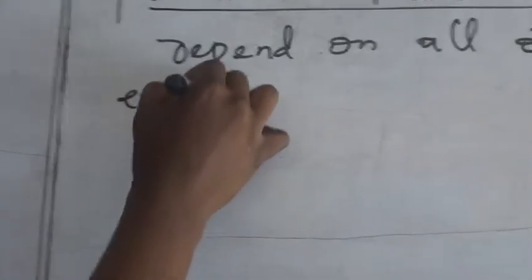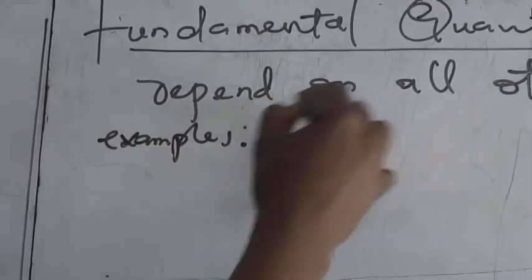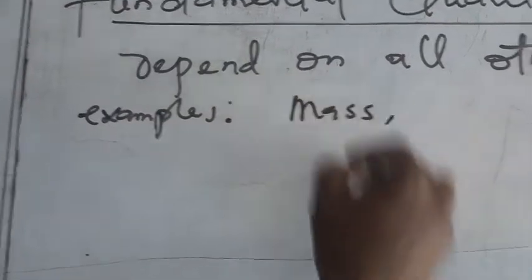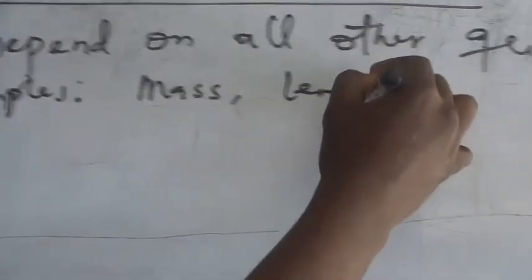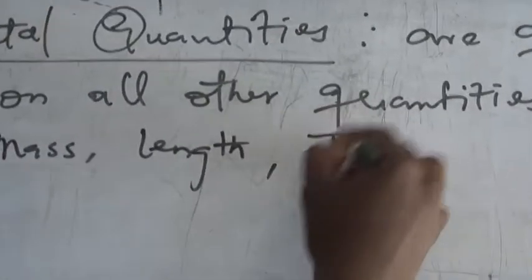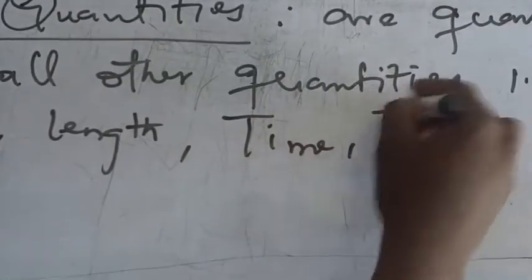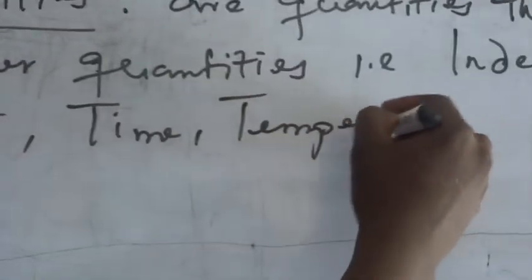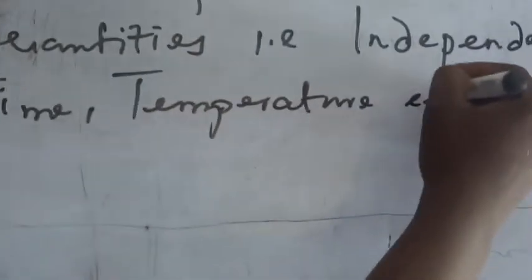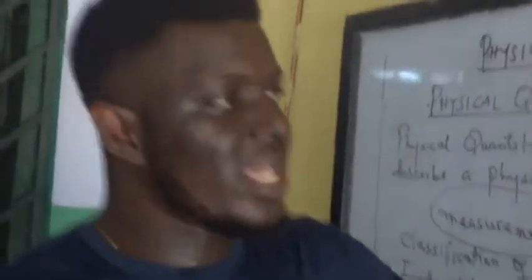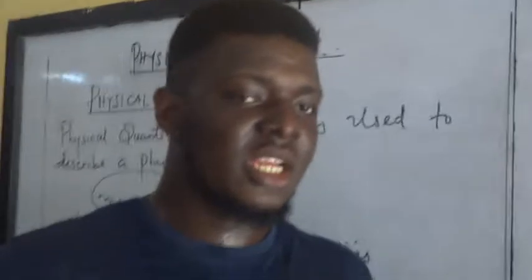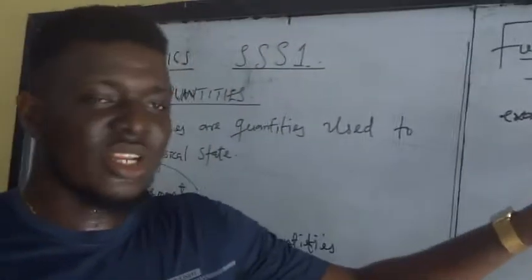Now, we have various examples of fundamental quantities. We have mass, length, time, temperature, etcetera. So now we're going to be looking at how these things are fundamental in nature, meaning that what? They don't depend.